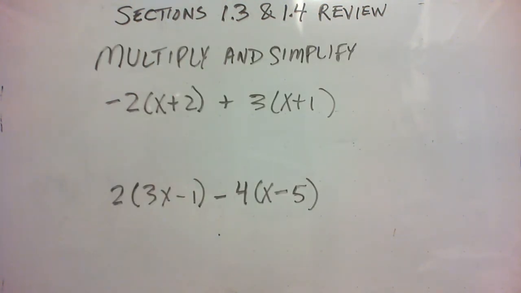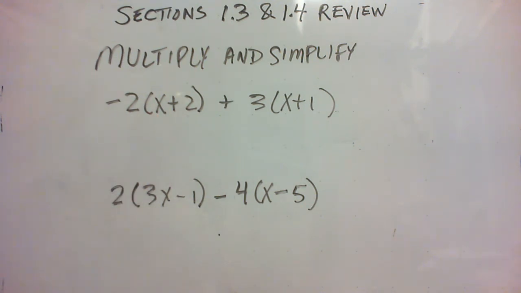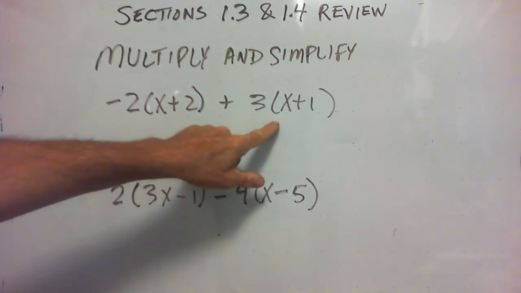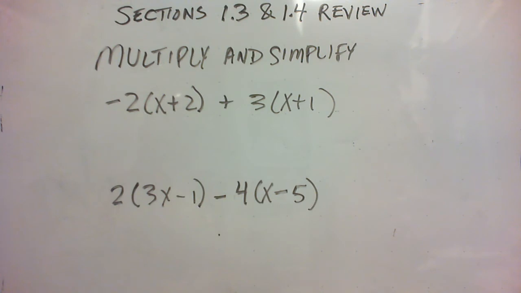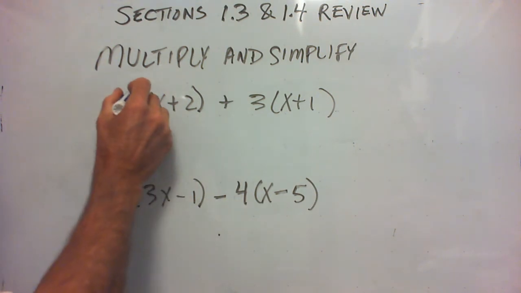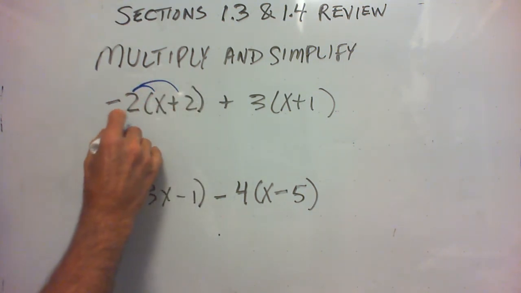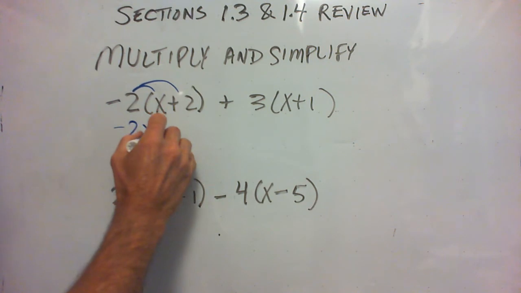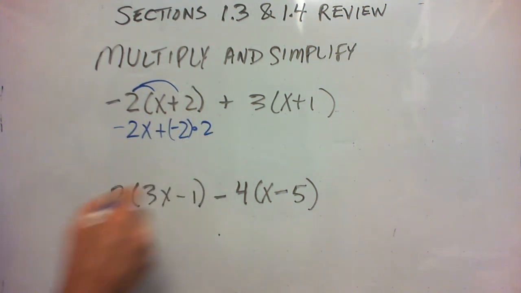Okay, our next 2 problems are where we use the distributive property to multiply out, and then after we multiply out each of these parts, we combine like terms. So starting out in this first one, we multiply negative 2 times x plus negative 2 times 2.